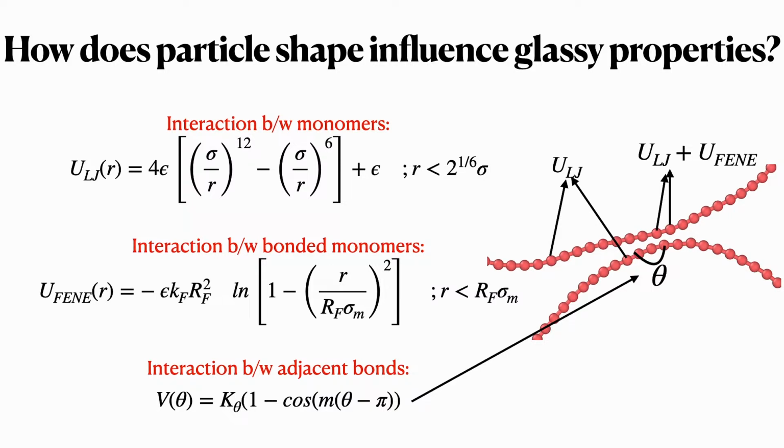To bond two monomers we use the FENE potential, which is like a spring potential, but it diverges much faster near the bond cutoff value. And to model the stiffness between two bonds, we use the V theta potential, where k theta is the value which parameterizes how stiff the two bonds will be, and pi is the equilibrium angle between the two bonds.